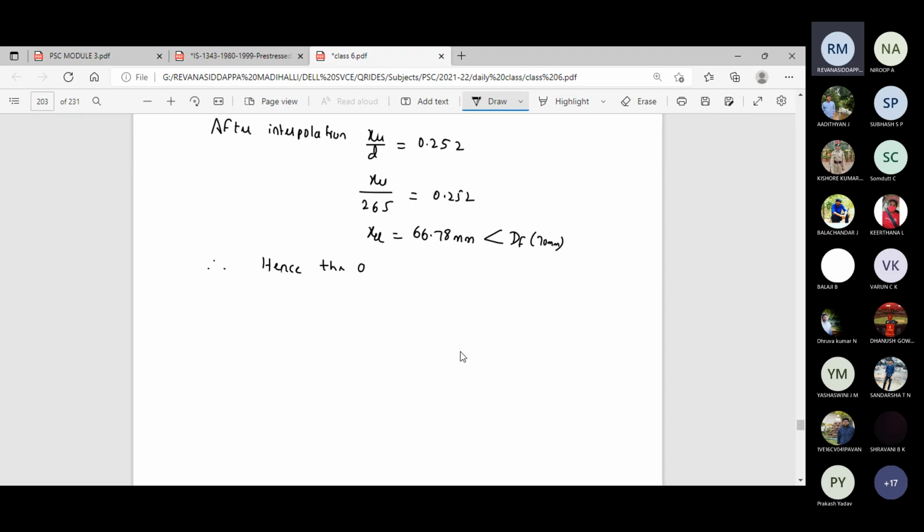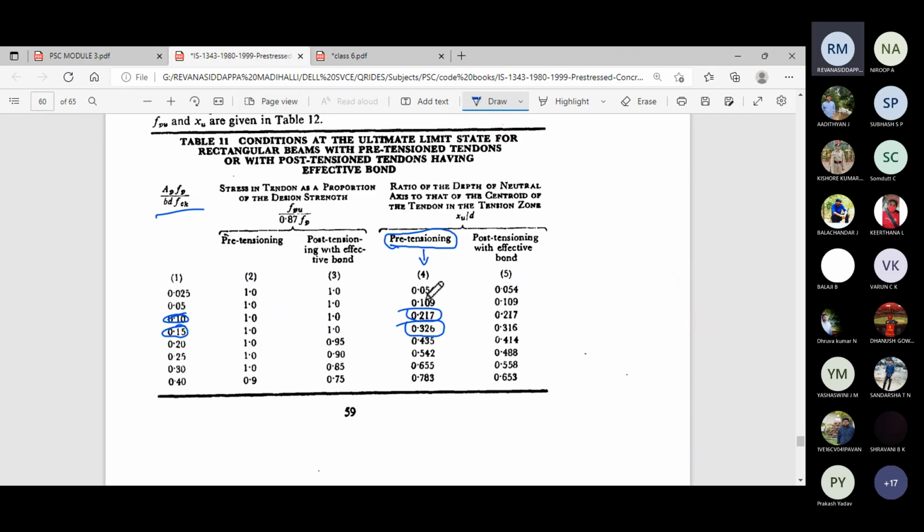Hence our assumption is correct because depth of the neutral axis lies within the flange. Now you find the corresponding fpu by 0.87 fp value. With respect to Ap fp divided by b d fck, 0.116, you will get that value as 1 only, because for 0.1 the value is 1, for 0.15 the value is 1, so you will get the same value for 0.116.